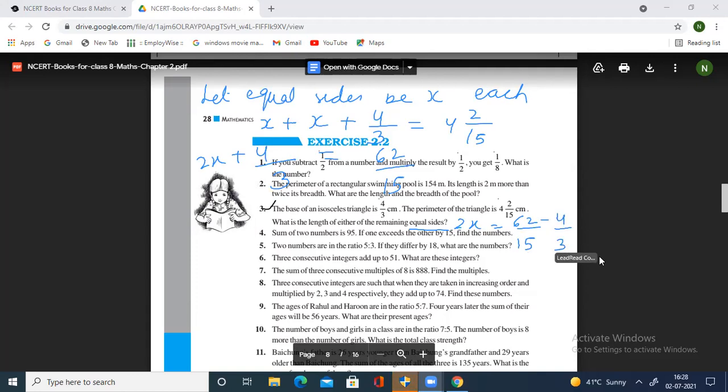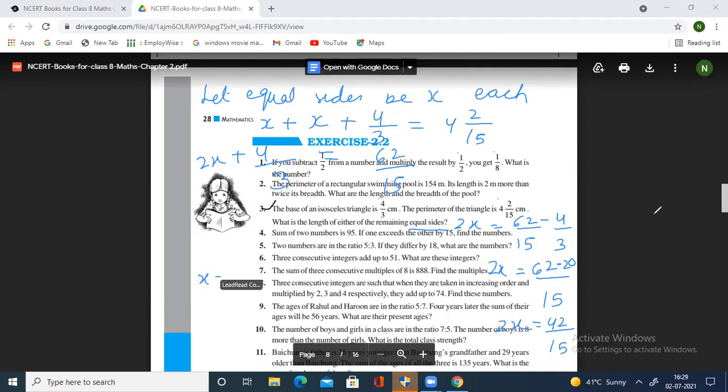Okay, so if you solve it further, take LCM as 15. Then 62, and this has to be multiplied by 5. 4 5s is 20. So 62 minus 20 is how much? 42 upon 15. This is equal to 2x.